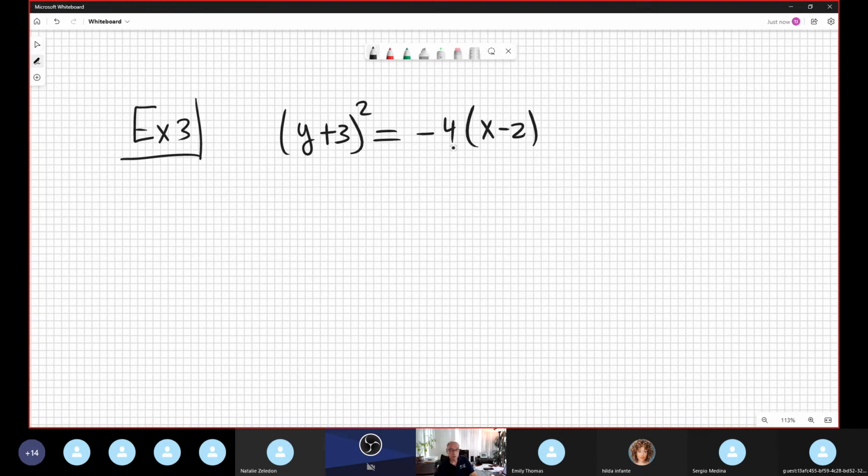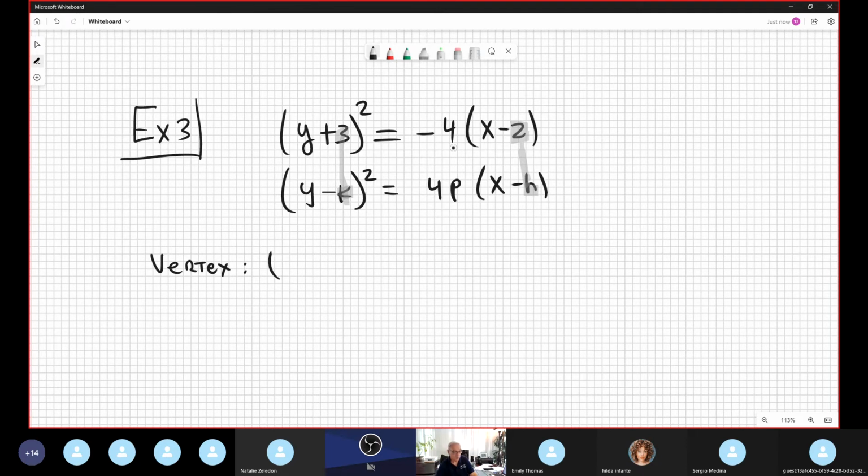You compare this equation with (y minus k) squared equals 4p times (x minus h). So this guy is h, and this guy is k, of course with the opposite sign. And as we conclude, the vertex of this parabola is located at the point (2, -3).